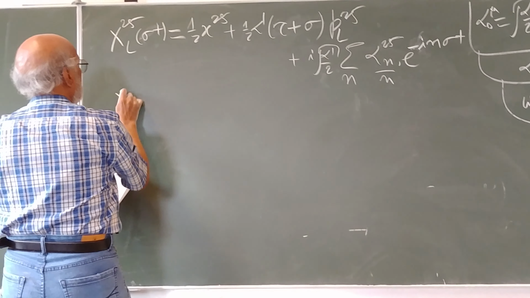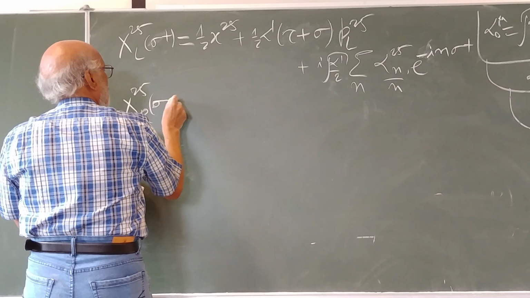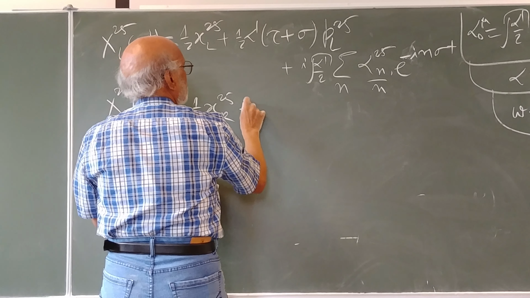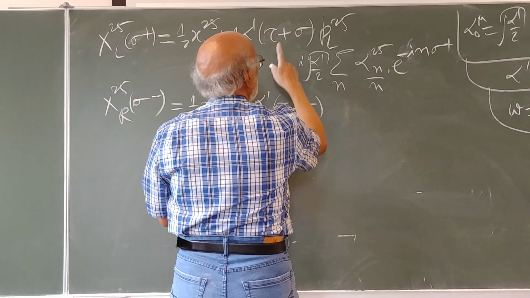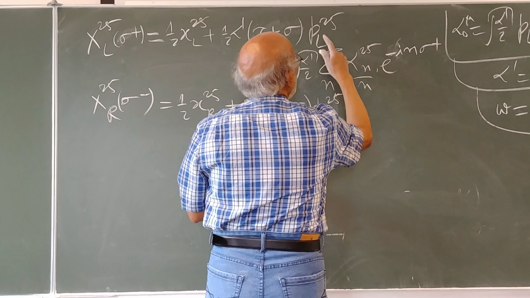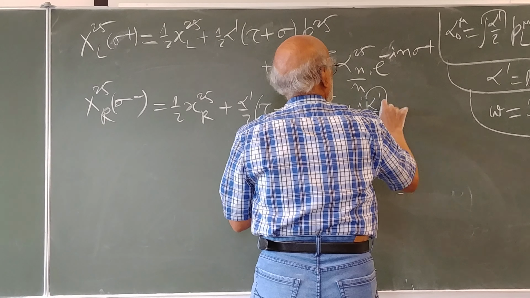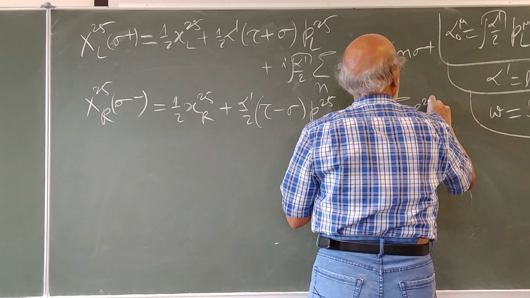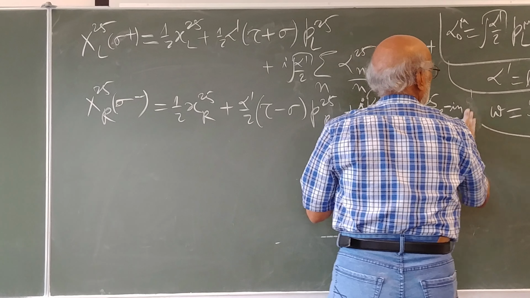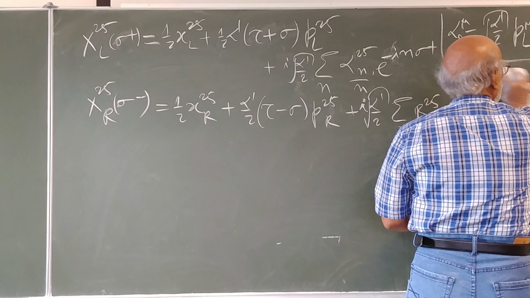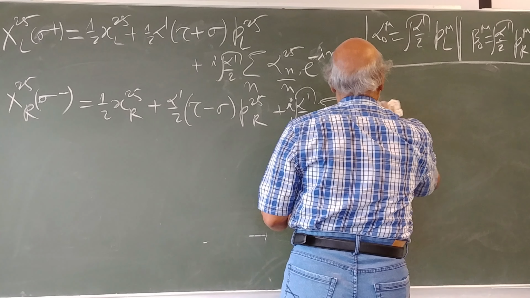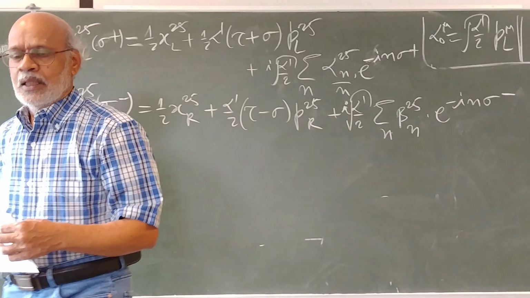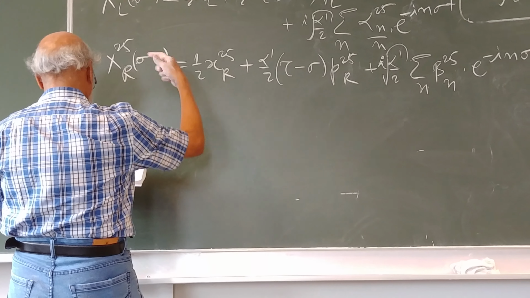And you have x25 R, this is 1/2 x R 25 plus alpha prime by 2 tau minus sigma P25 R plus iota alpha prime by 2 summation over n beta n 25 e to the power minus i n sigma minus.